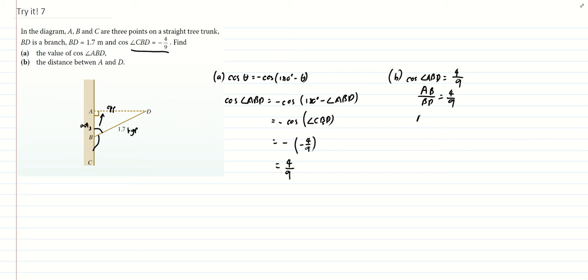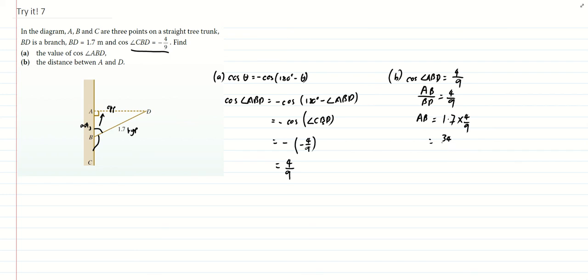Okay, and AB is what we want to find first. So AB equals BD, which is 1.7, multiplied by 4 over 9. You'll get 34 over 45.